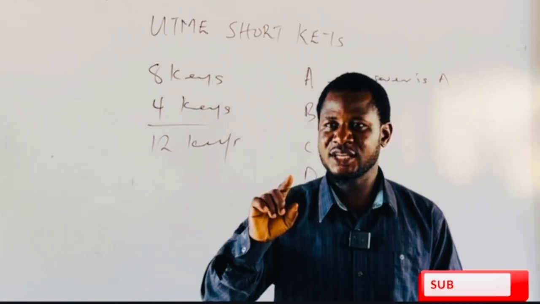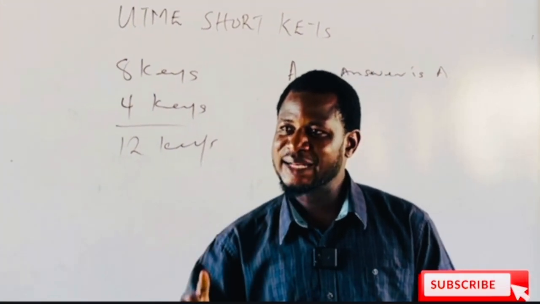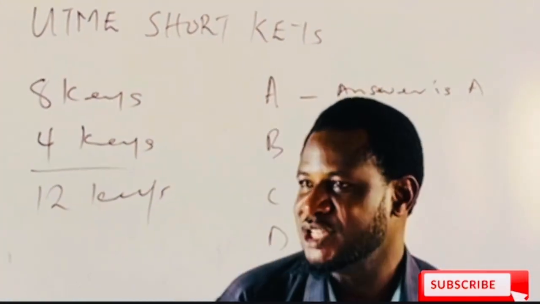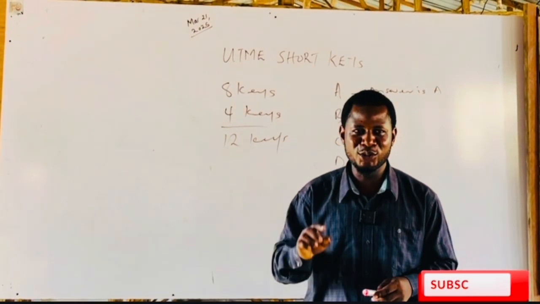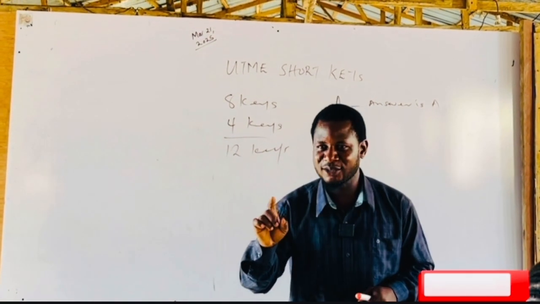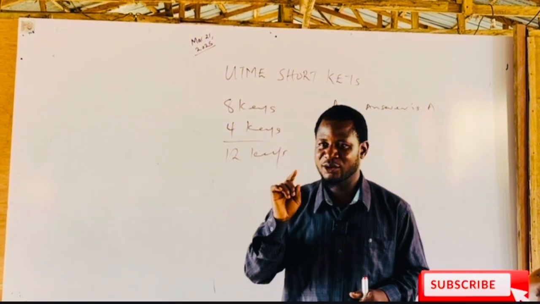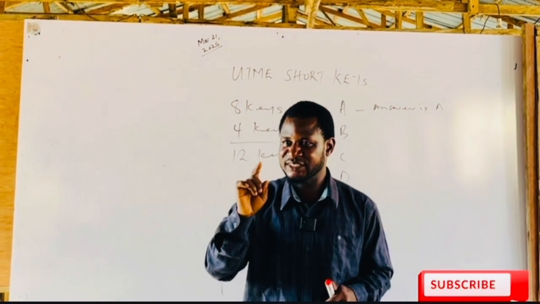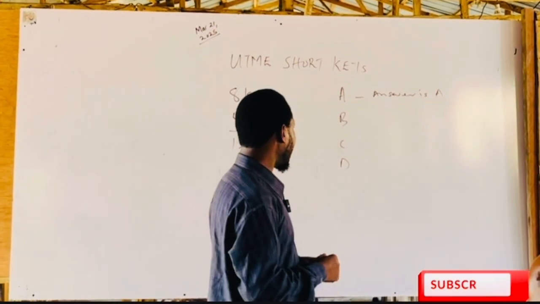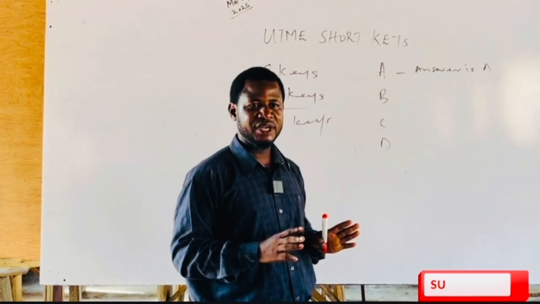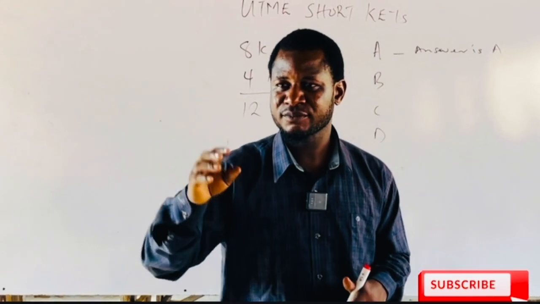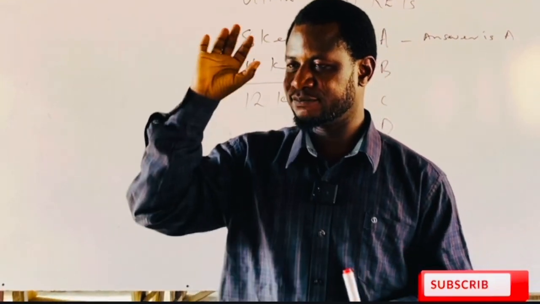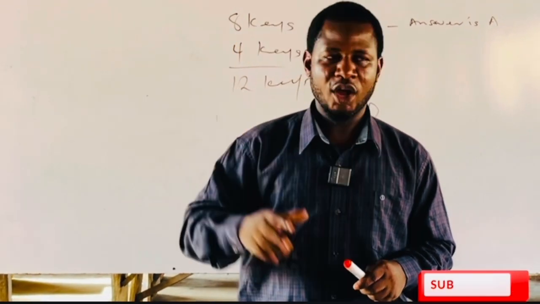The highlight will move from A to B. If the answer is C, just press C. Don't move the mouse. And if it is D, just press D, and your answer D will be highlighted. So A, B, C, D represent the options A to D. Do you get this?